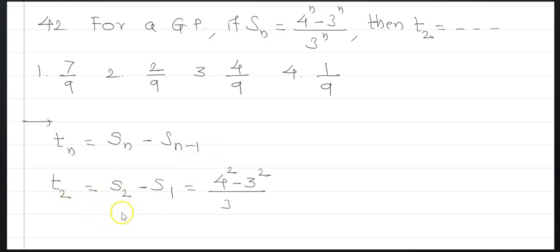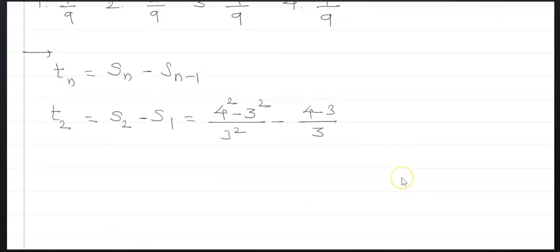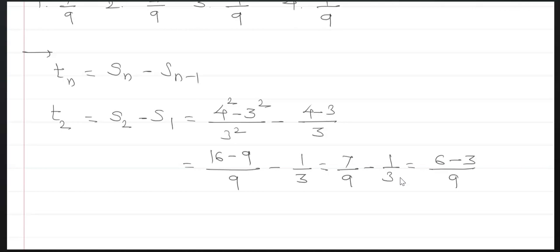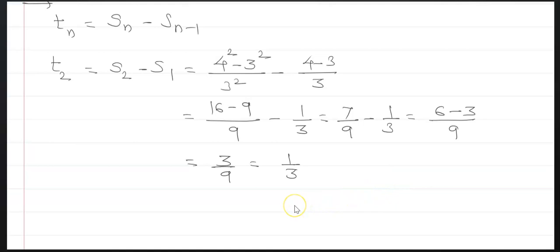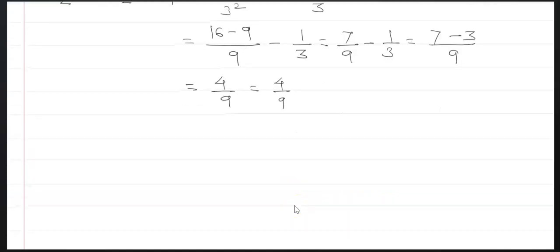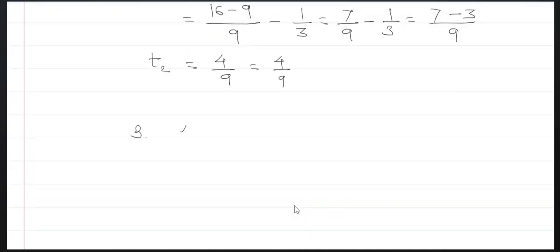That is T2 is equal to S2 minus S1. Substitute the value. Therefore, you will get T2 is equal to 4 upon 9. This is the answer.